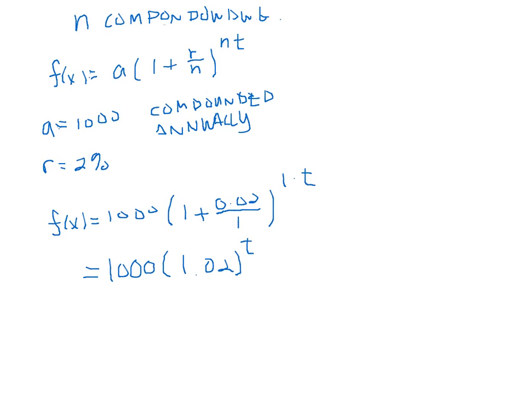So now we could ask such questions like, how much will be in the account after 10 years by simply plugging in 10 for our value of t here. As just an example, we want to plug this in our calculator. So we get 1,000 times 1.02, all raised to the 10th. And so we can do this by evaluating f of 10.